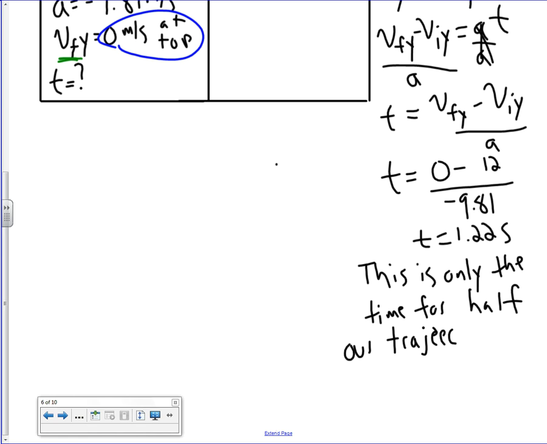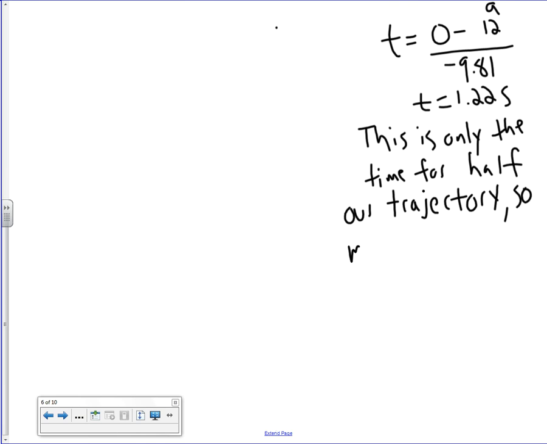Oh, that's two e's. Okay, so this is only the time for half the trajectory. So, words. I'm having trouble. Getting late, boys and girls. We need to double it.